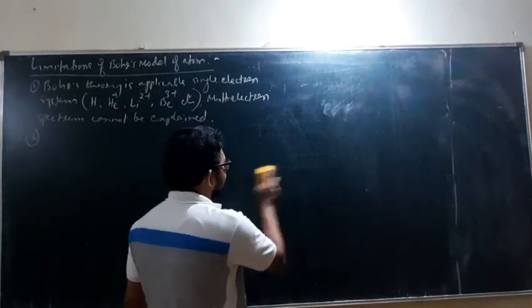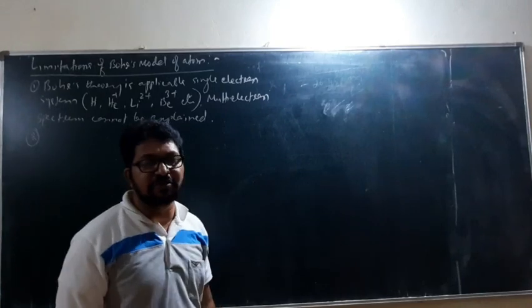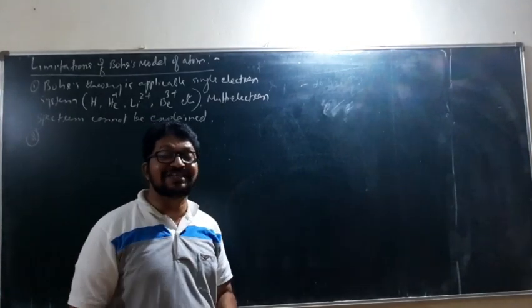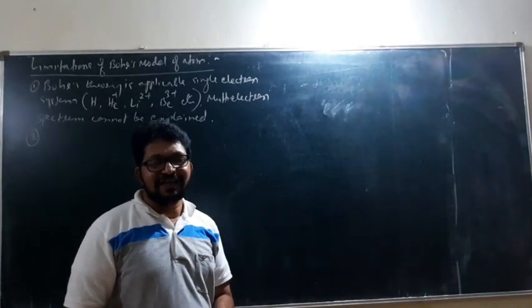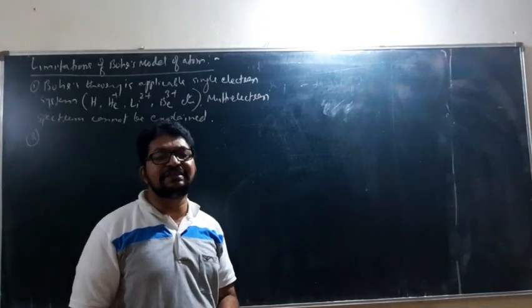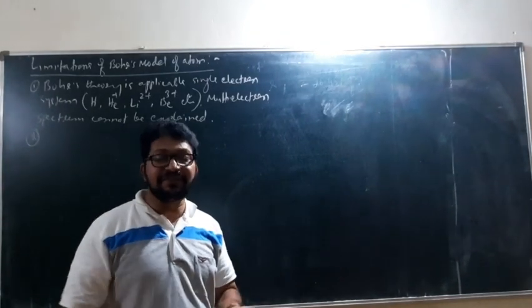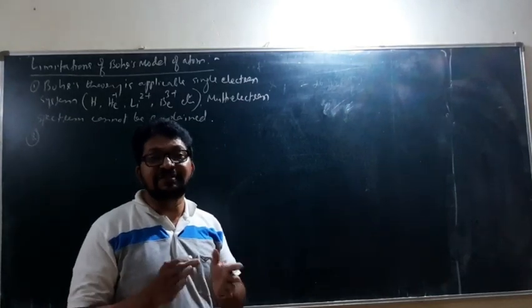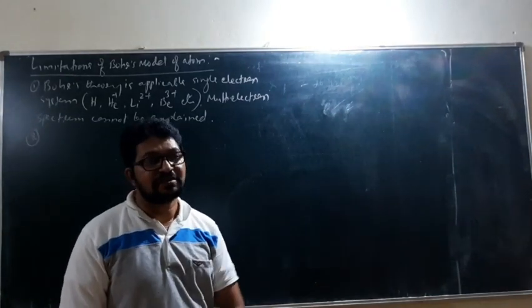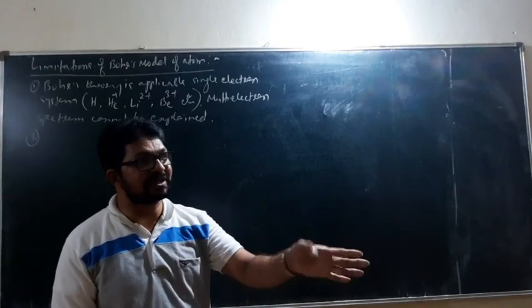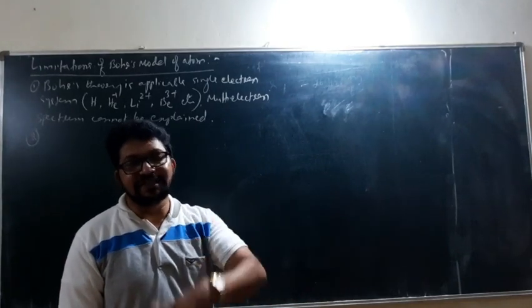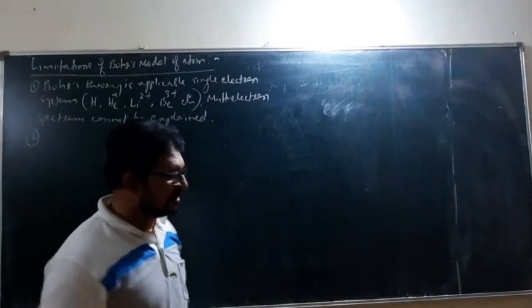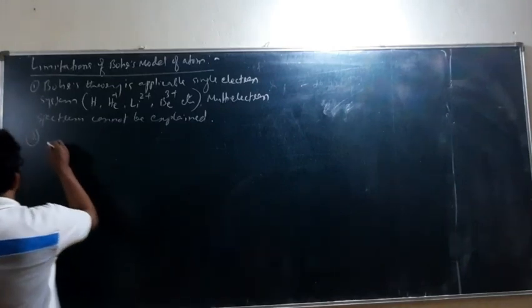This has been observed by Zeeman. Splitting in the magnetic field is called the Zeeman effect. Splitting in the electric field is called the Stark effect. So I will write both.